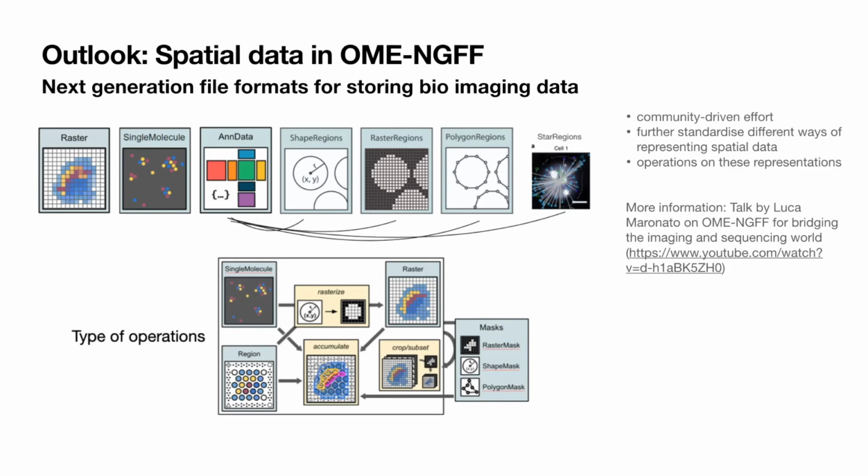So this is what we are envisioning for the future, to have one nice container of all of this data, which is essentially what we thought the image container might be, but we realized it's much nicer to actually leverage all the community efforts that are already being done in this direction of the OME-NGFF formats.